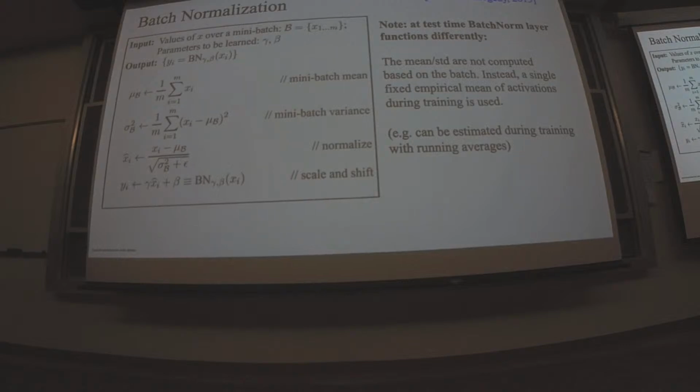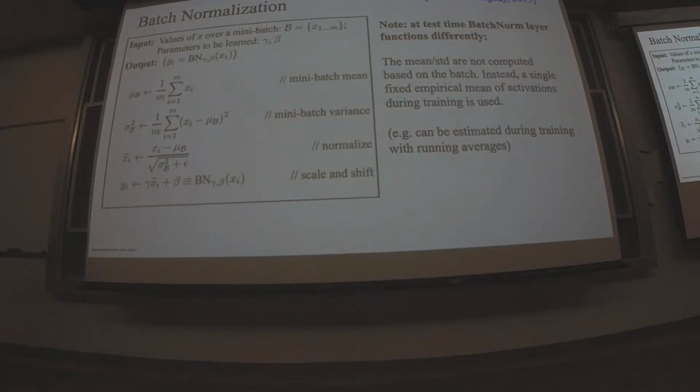And when you're done training, the thought is that that's basically the mean and the variance of the entire data set. You can kind of argue that it is. I mean, it's an estimate of it anyway, it's a decent estimate. And it's easy to compute as well. You just keep track of it as you go.